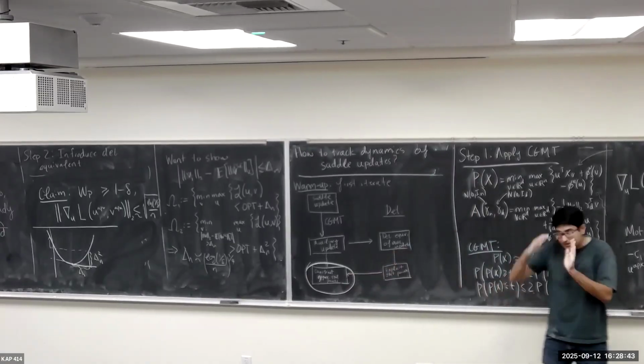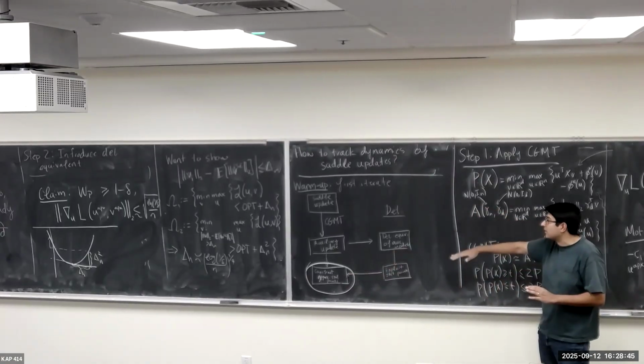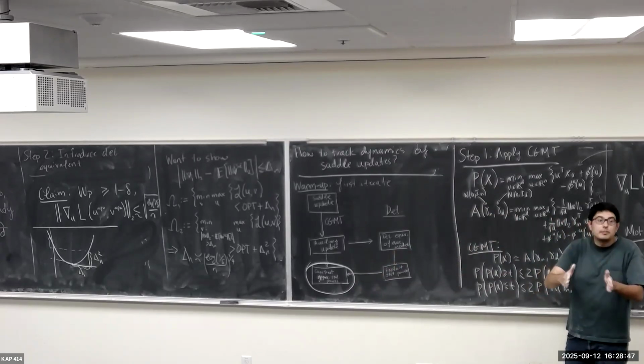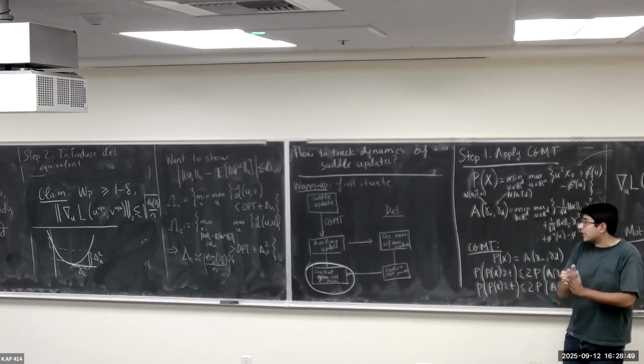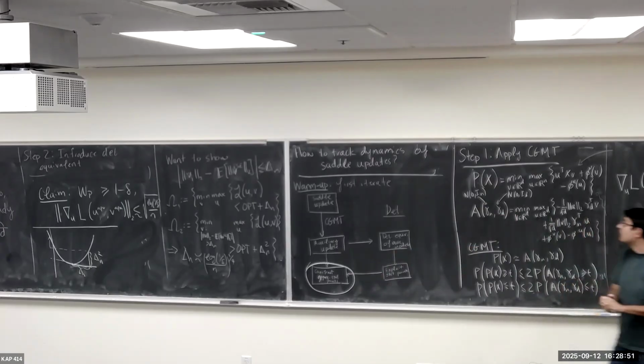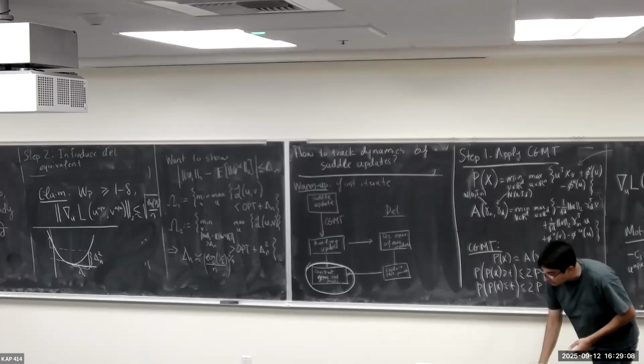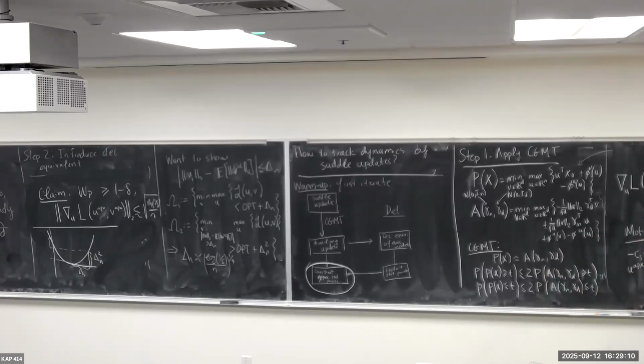Once you have this plan in your head, it's fairly streamlined to go through and do it. So yeah, basically the upshot is that this technique is what you can use to analyze these types of algorithms. There's a bunch of open problems here, which maybe I won't have time to talk about, but I'm happy to chat afterwards.